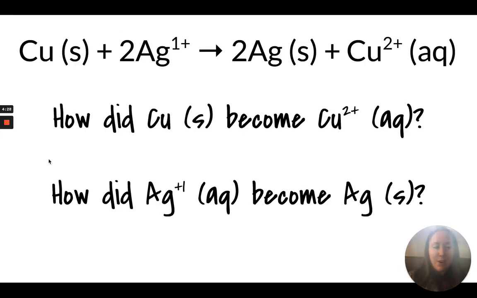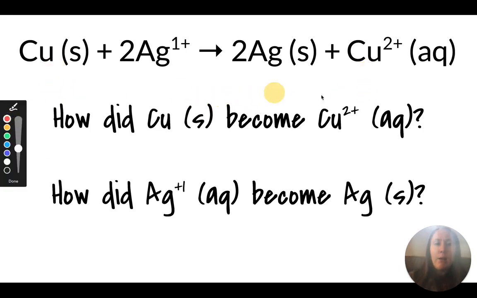So here is our final net ionic equation: copper solid plus 2 silver positive 1 ions, forming 2 silver solid and 1 copper positive 2 ion aqueous. What we want to think about is how did copper solid become copper positive 2?